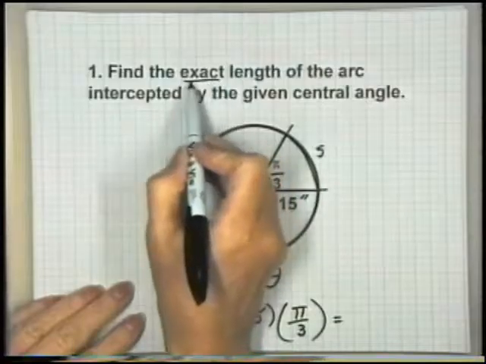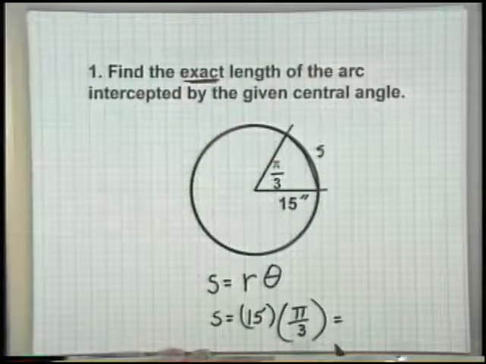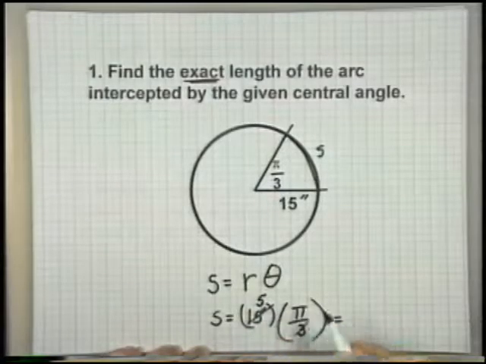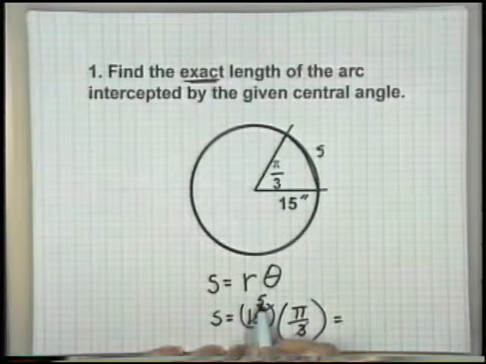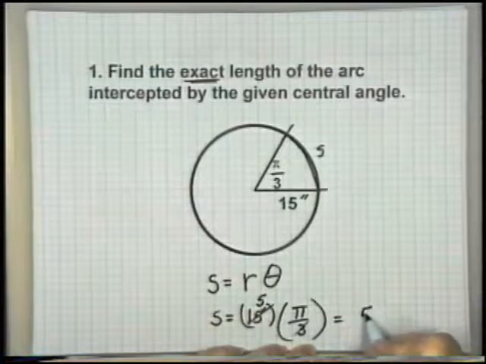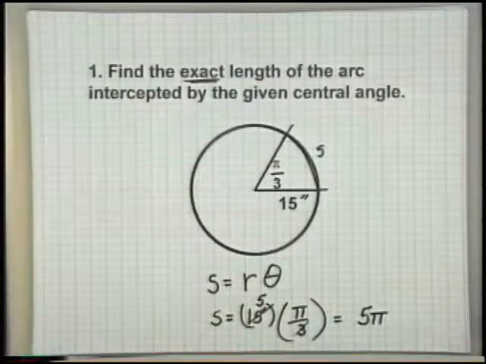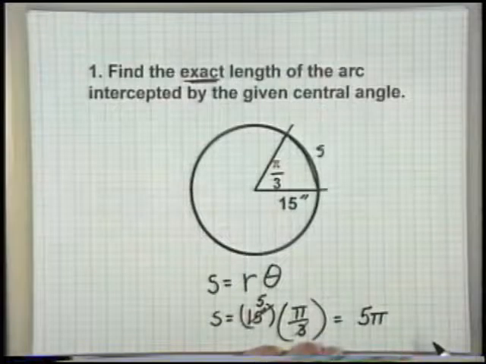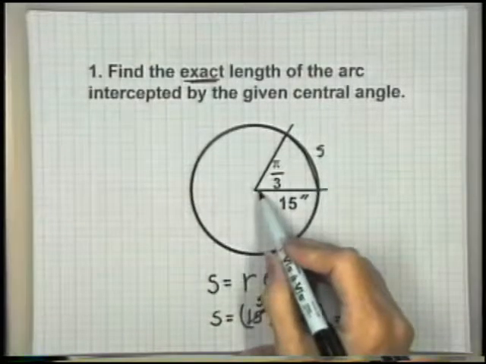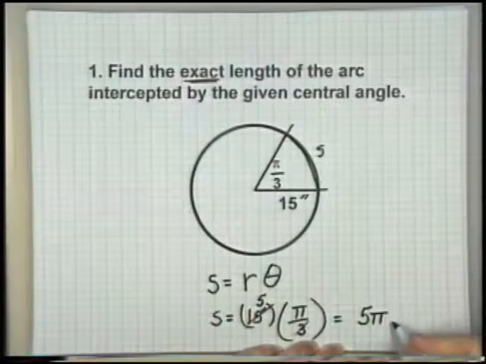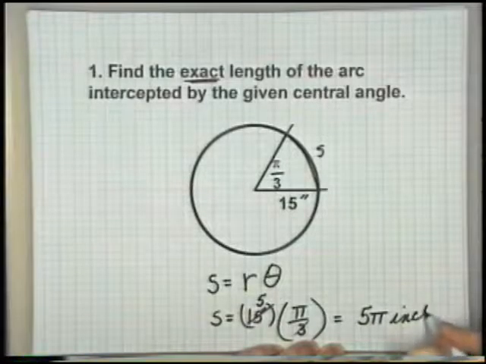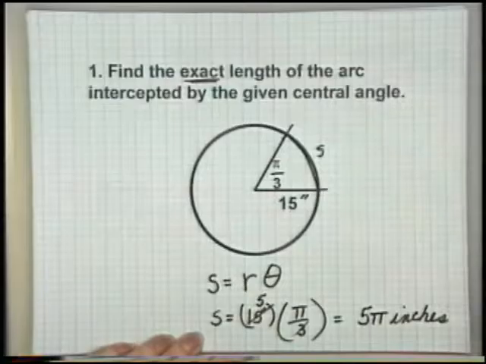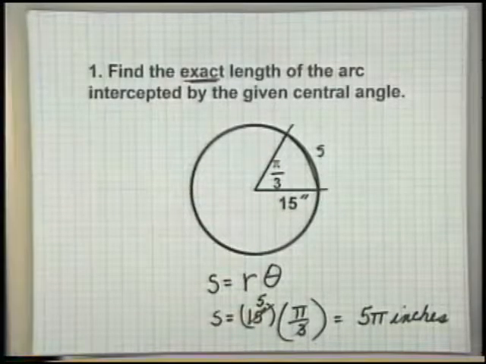Notice it says exact, so what we'll do here is we'll say 3 divides into 15 5 times, so we'll have 5 times pi, and that would be what we consider the exact length of our arc. And since our radius was inches, then this would also represent inches. So this arc length would equal 5 pi inches.